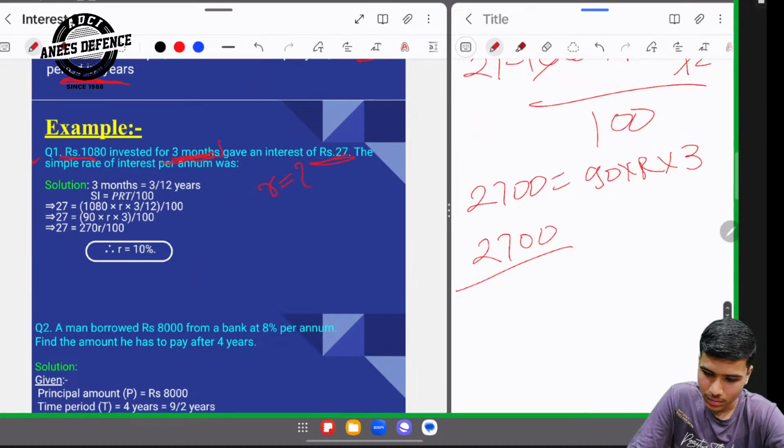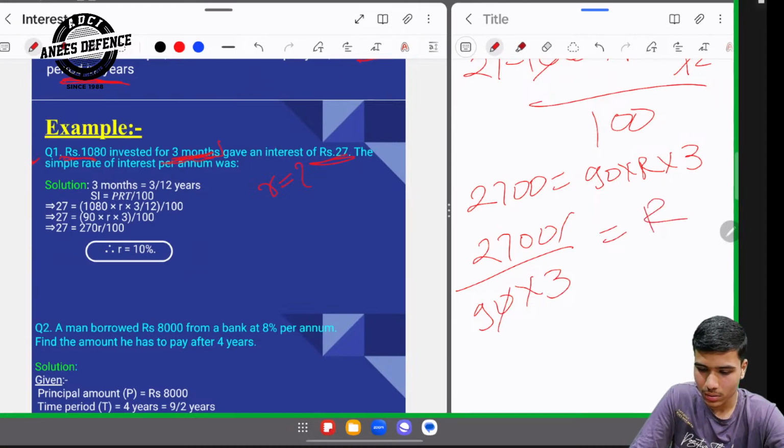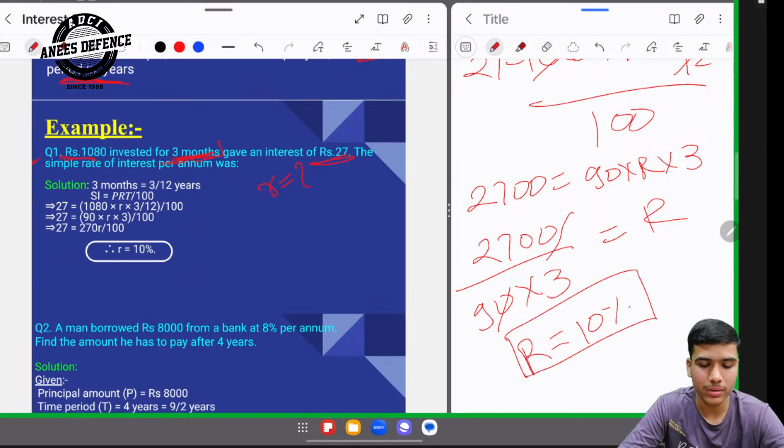So 2700 into 12 divided by 1080 into 3 is equal to R. After calculating this value, we will get 10%. So the rate of interest is 10%.